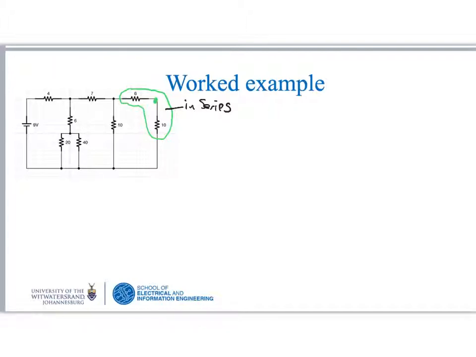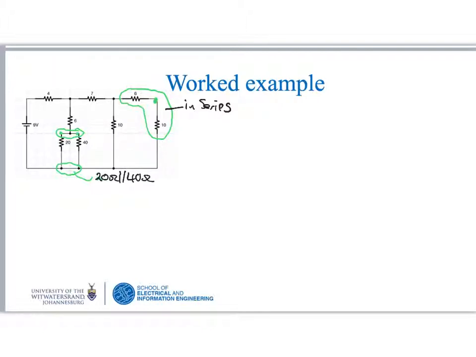And then resistors that share two common nodes are in parallel with each other, so we can see that this is one expanded node and this is one expanded node. So in this case we've got the 20 ohm resistor in parallel with the 40 ohm resistor.